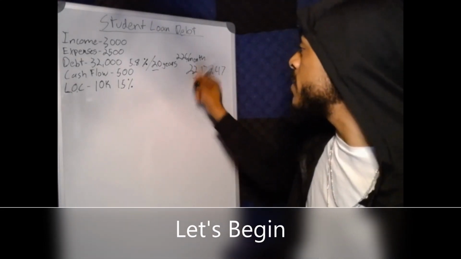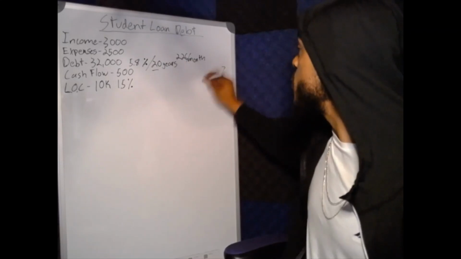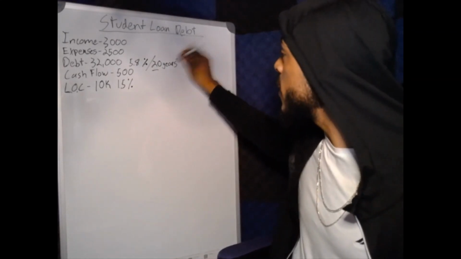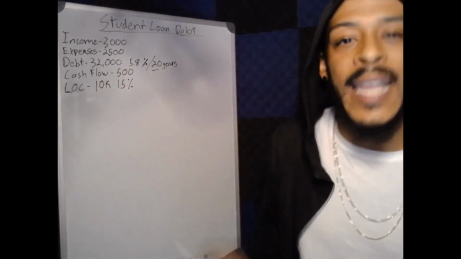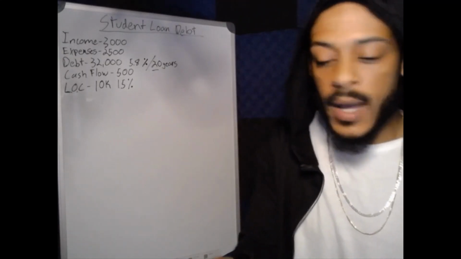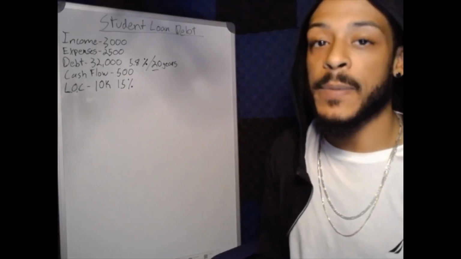So let's erase some of these, and let's get to paying off this 32,000 in less than 20 years, right? So first things first, we go to our line of credit at 15%.